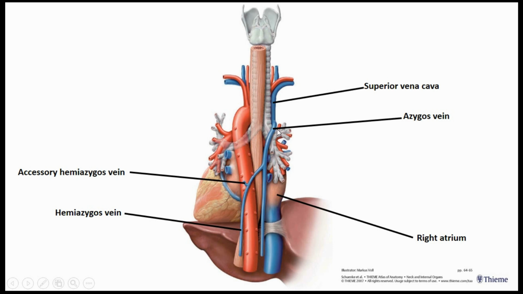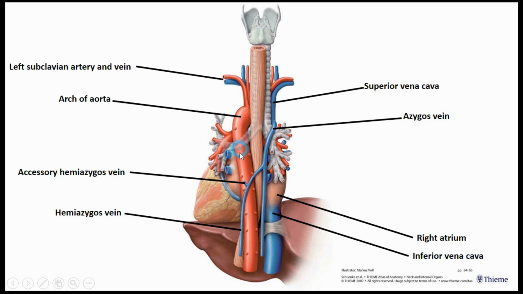Now we've got the right atrium, which receives deoxygenated blood from the superior vena cava, and our buddy the inferior vena cava here, which barely exists in the thorax before it drops into the right atrium. Then we've got blood pumping out of the heart's left ventricle through the ascending aorta, which we can't see here, it's anterior to all this, but then it loops over as the arch of the aorta to become the descending aorta there.